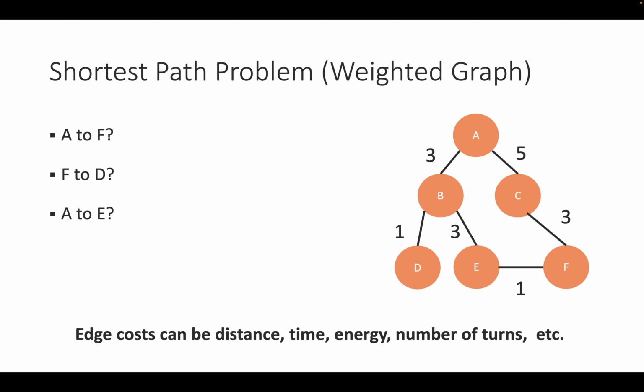It can be a combination of time and the number of turns. It could be a combination of energy consumed or time. And this really depends on your application. And at the end of the day, you can reduce it to a shortest path problem with numbers such as these, which are associated with each edge.